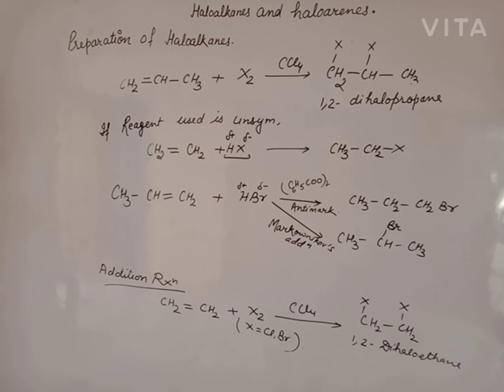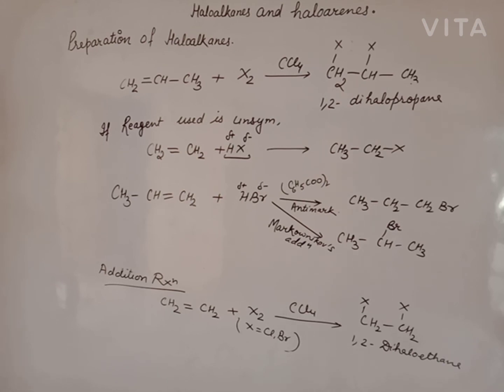Symmetrical alkene, symmetrical reagent, no rule. Symmetrical alkene, unsymmetrical reagent, no rule. Unsymmetrical alkene, symmetrical reagent, no rule. But if both are unsymmetrical, then two rules are followed by them. One is Markovnikov, second is anti-Markovnikov.